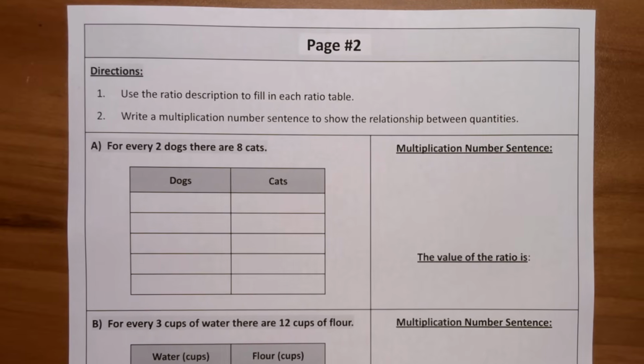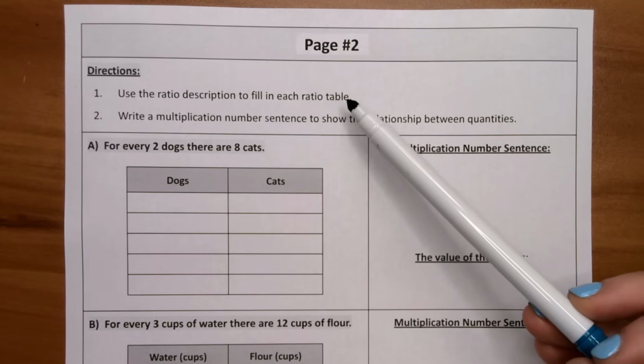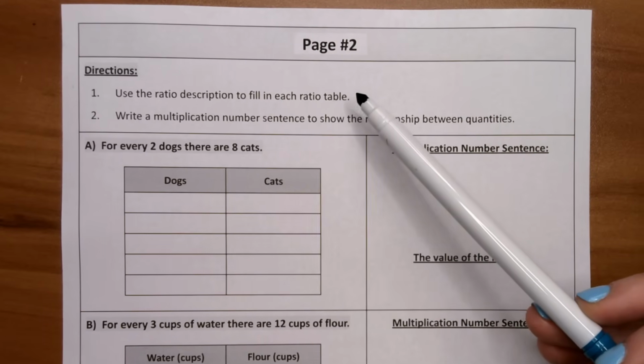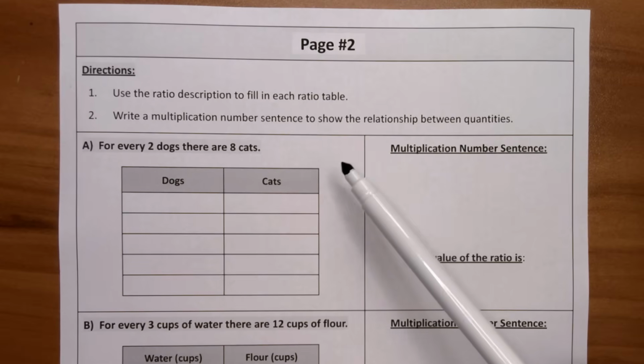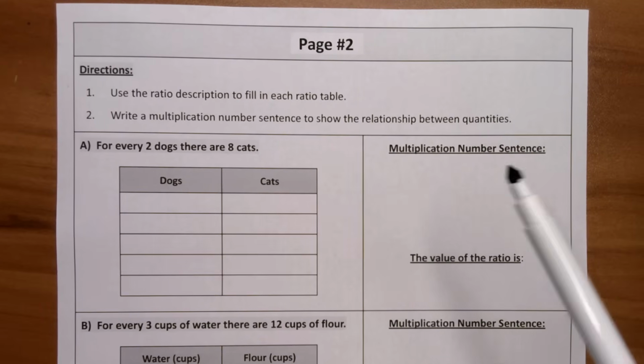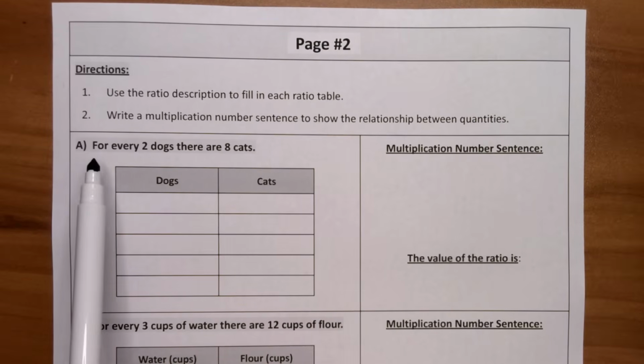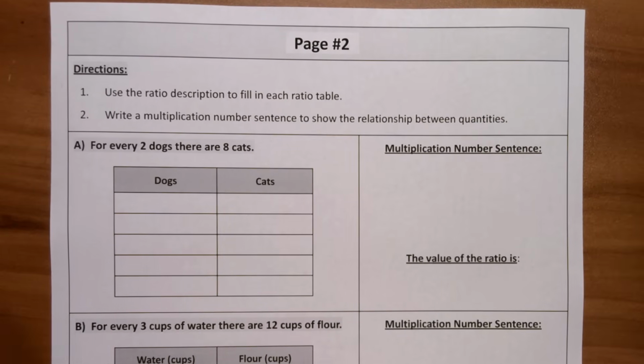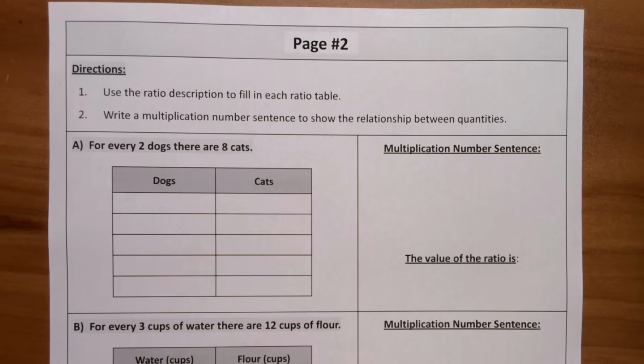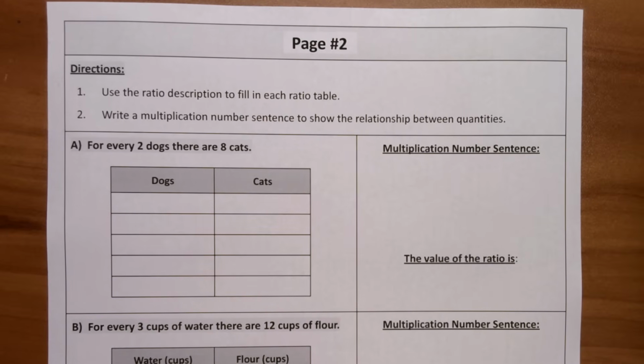Page number 2 says, use the ratio description to fill in each ratio table. Write a multiplication number sentence to show the relationship between quantities. Okay, so in problem A, here's our ratio description, and a key word for ratio descriptions are for every. They represent ratios.